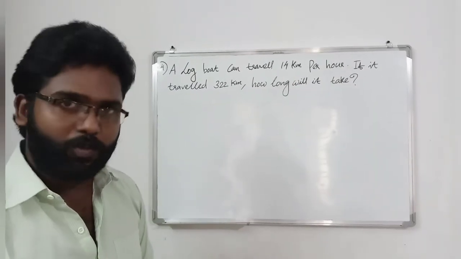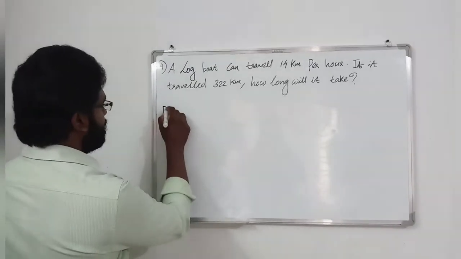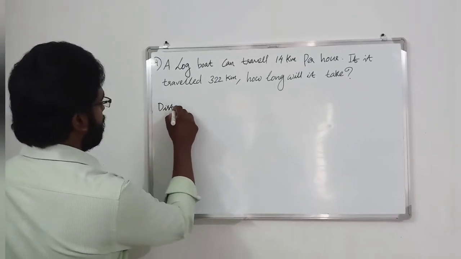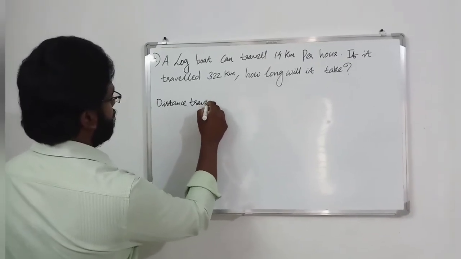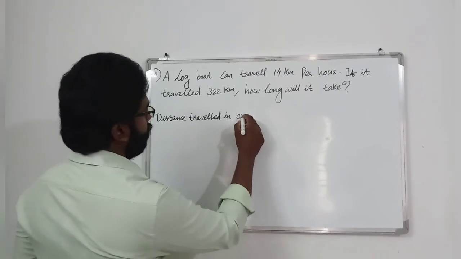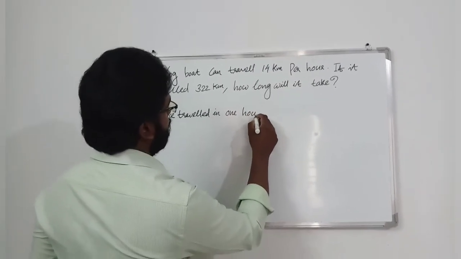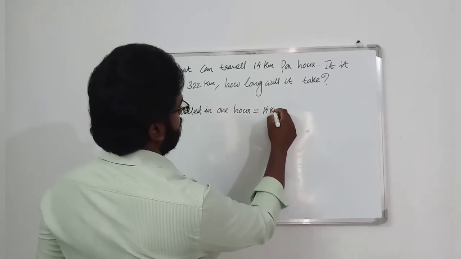Okay, so we must write the steps first. First step, distance traveled in 1 hour, 1 hour 14 kilometer.